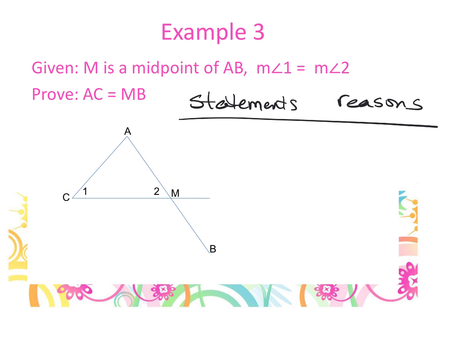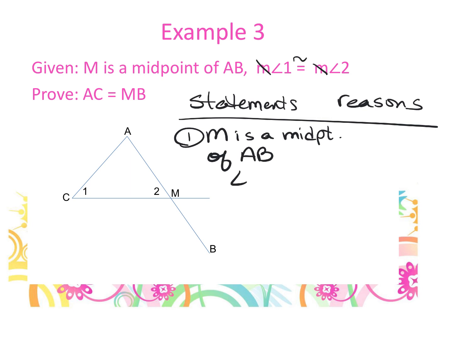So I'm going to go ahead and put in my given first, that M is a midpoint, and I'm going to abbreviate midpoint as MIDPT of AB, and that angle 1 is congruent to angle 2. Let me just simplify it. And that was given to me.